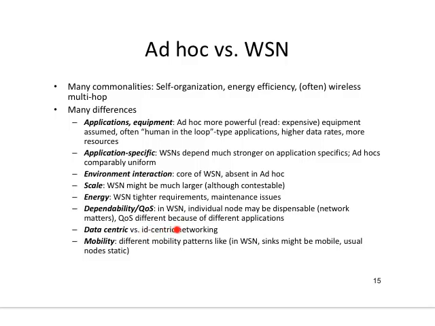ID centric talks about the identification of these nodes in terms of IP address and identification. So everything is coming from a specific ID, and that's very important because without IP, in ad hoc you cannot communicate. And each node has to have a unique IP address. Otherwise you cannot communicate. I don't care about this in sensor networks.